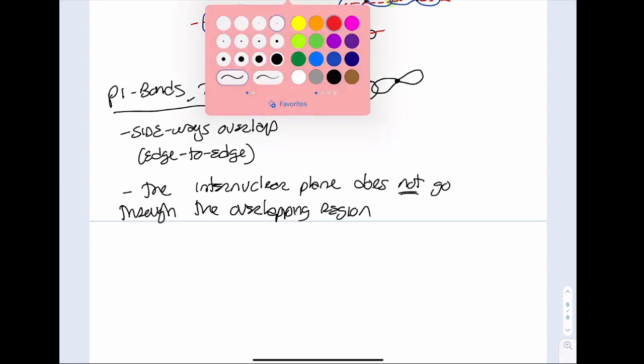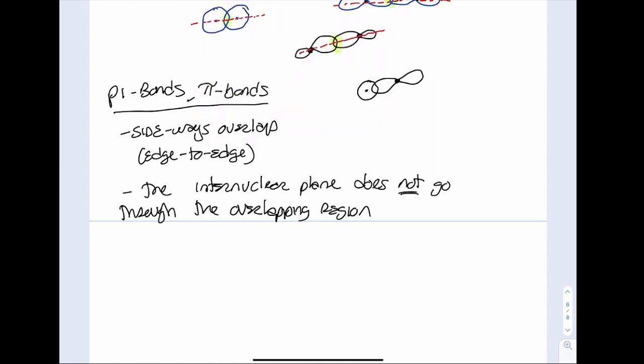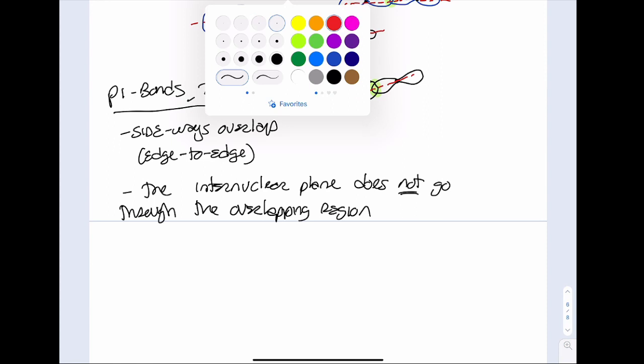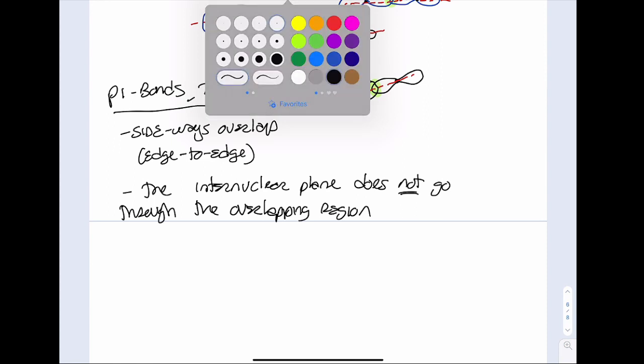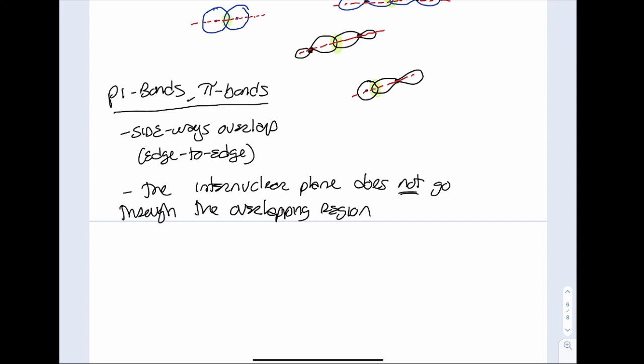So if I take an s and this p, connect those two nuclei, that connection is going through that overlapping region, right here where it overlaps. So s orbitals will never be involved in pi bonds, which means hydrogens will never have pi bonds. Only sigma bonds, because hydrogens only have an s orbital.